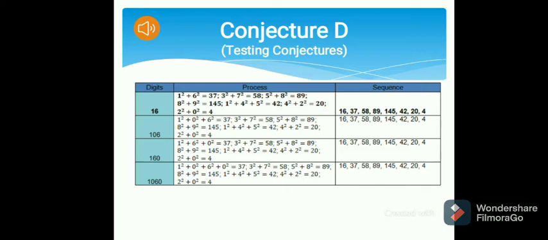So no matter how many zeros you add to the number, if it was a happy number, it's still a happy number. And if we add zeros to the sad numbers, the result will also be sad numbers, because if we add 0 squared to the number, it will have no value, so the result will still be the same.